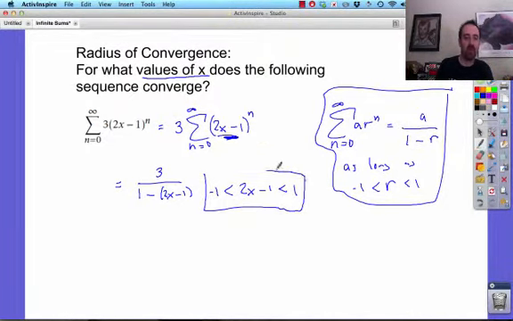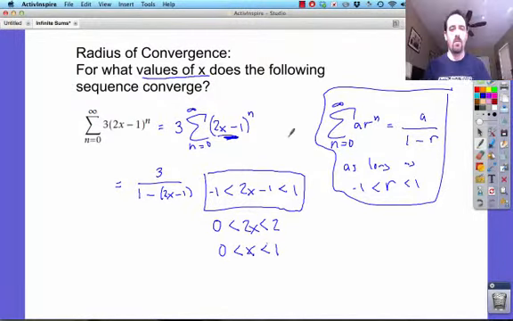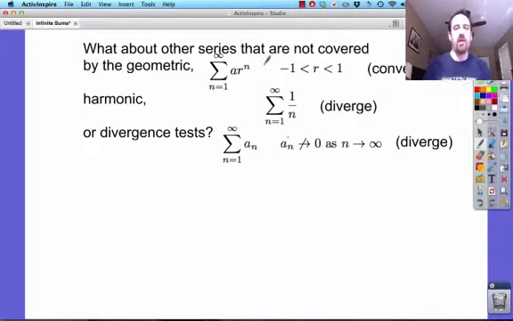Well, it converges for these values of x. Okay? Well, here's what we're going to do. We're going to add 1 to all sides. 0 less than 2x less than 2. Divide all sides by 2, and we get 0 less than x less than 1. Okay. So x has to be between the values of 0 and 1, not including 0 or 1.